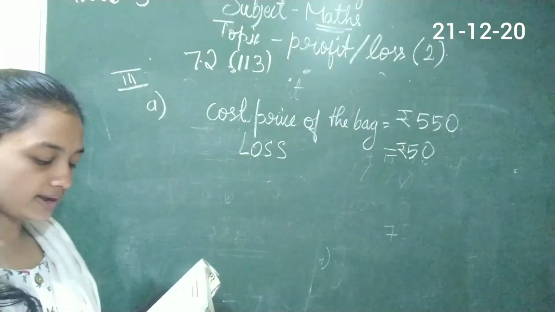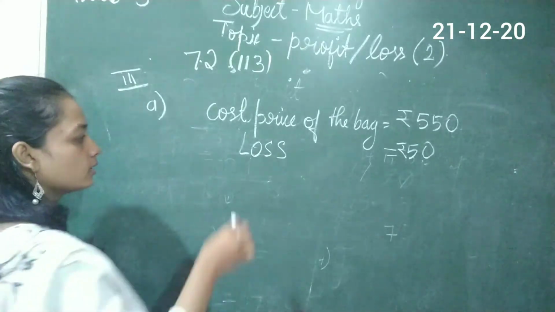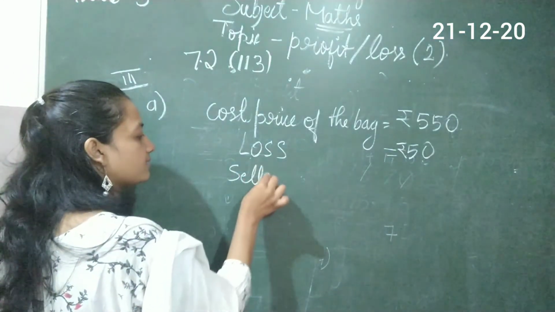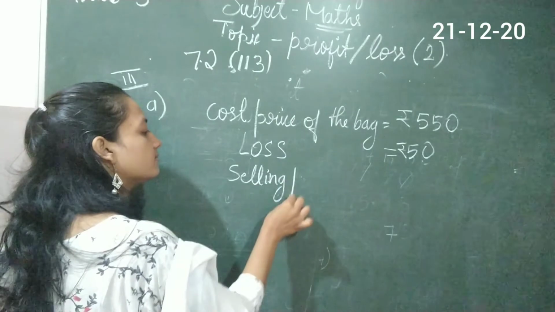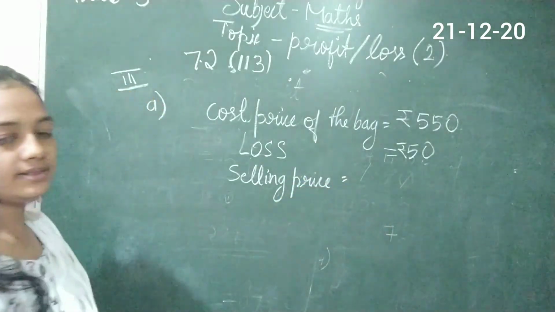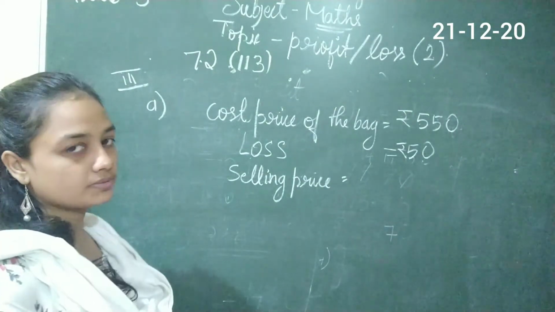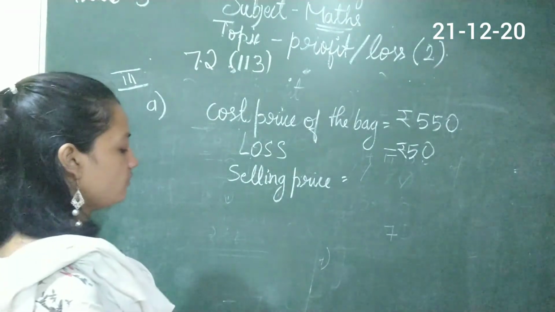Now, what do we have to find? We have to find what the selling price was. So, what is the formula for finding the selling price when you have a loss? Let's first write the formula.